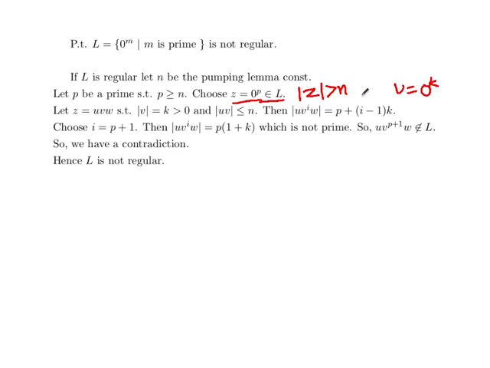Now if V is 0 to the k, then for any i, this thing should be in L. But what is the length of this thing? If you put everything here, then it will be this expression, because the lengths of U, V and W together are p, and then you are applying i minus 1 many V's.